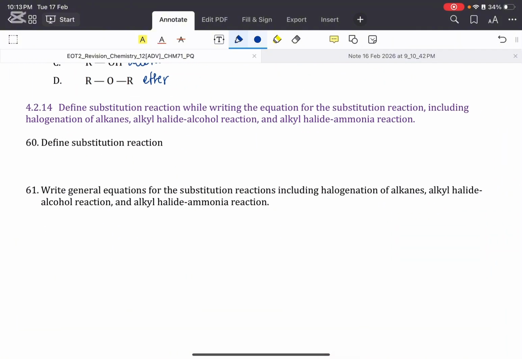Now, define substitution reaction. A substitution means a replacement.